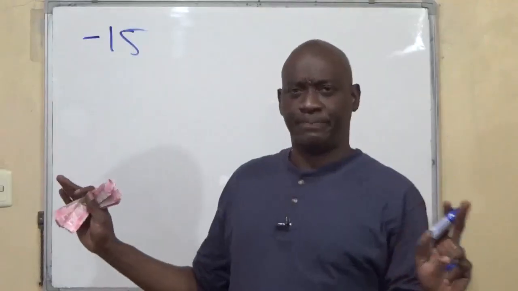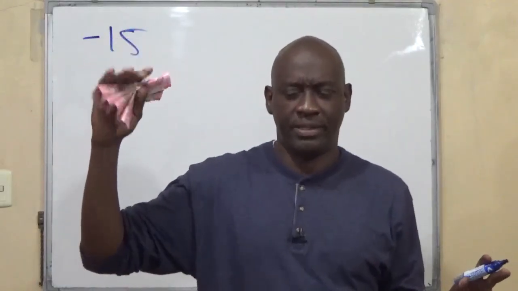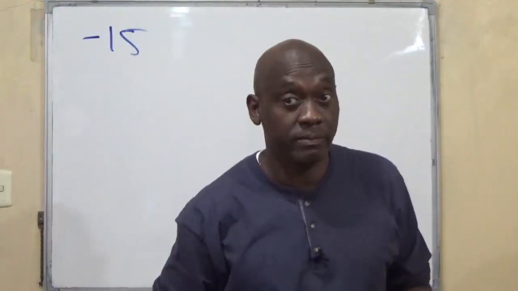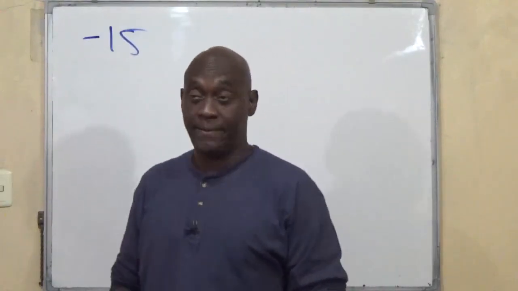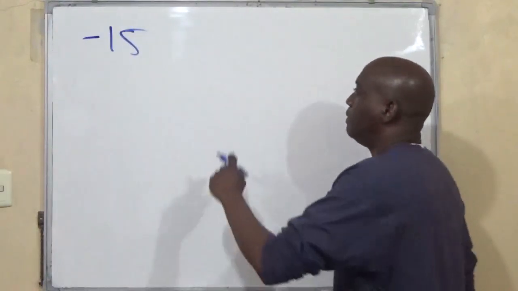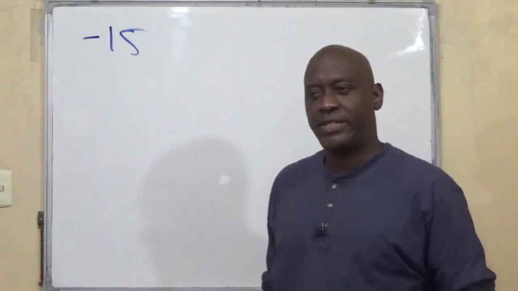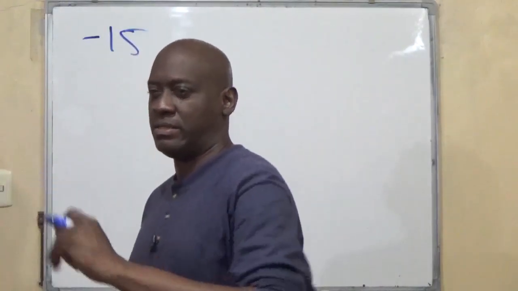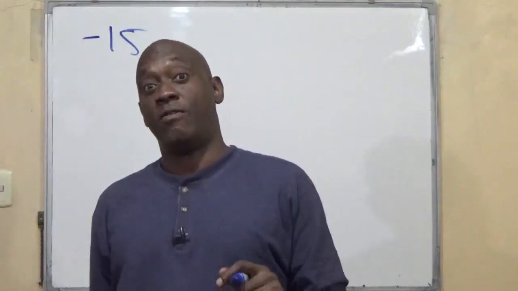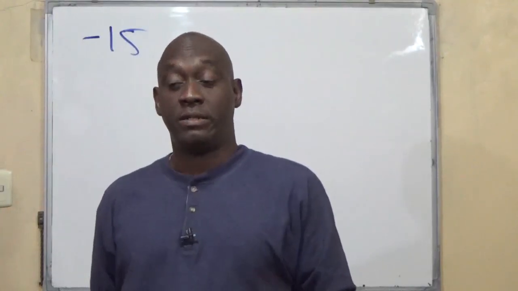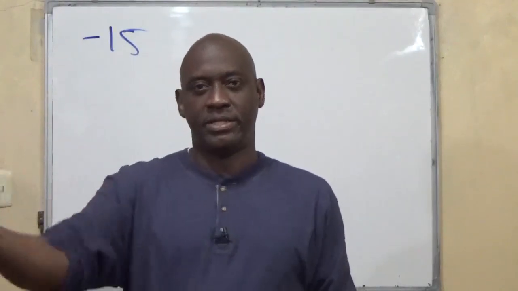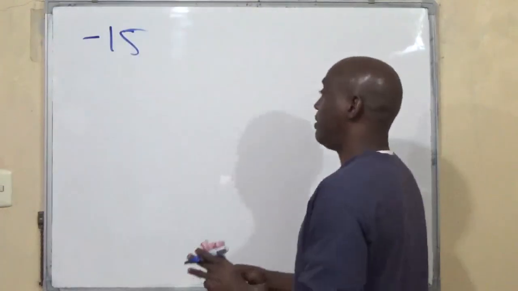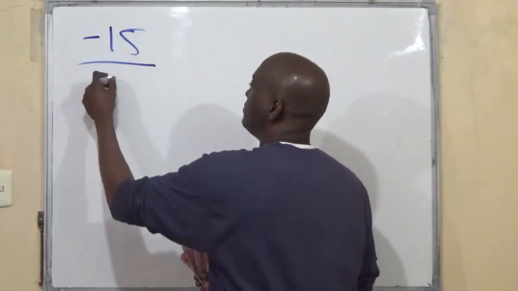Same 15, but moving in the opposite direction. All right? So if I am paying this $15 in equal installments of $3, each installment is $3 leaving, right? So we could represent that as minus 3.